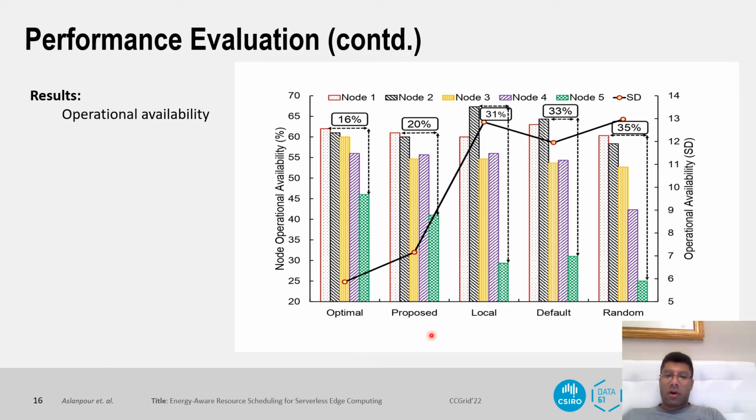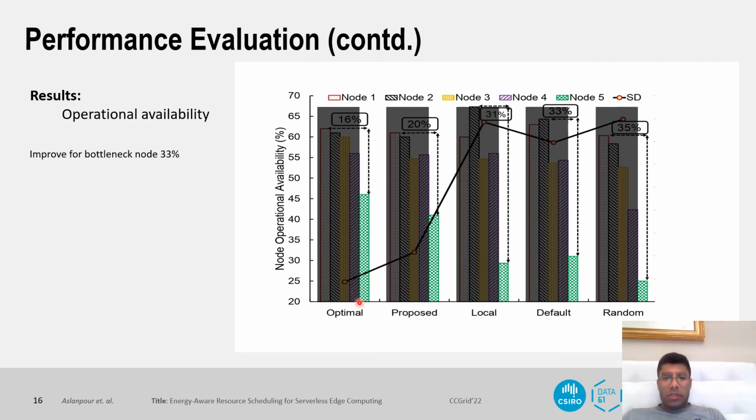We have 5 algorithms, and for each algorithm, we run the application, produce the tasks, and keep this going for 24 hours and measure the uptime or operational availability of 5 nodes. You can see 5 columns for each algorithm that show the operational availability of 5 nodes.